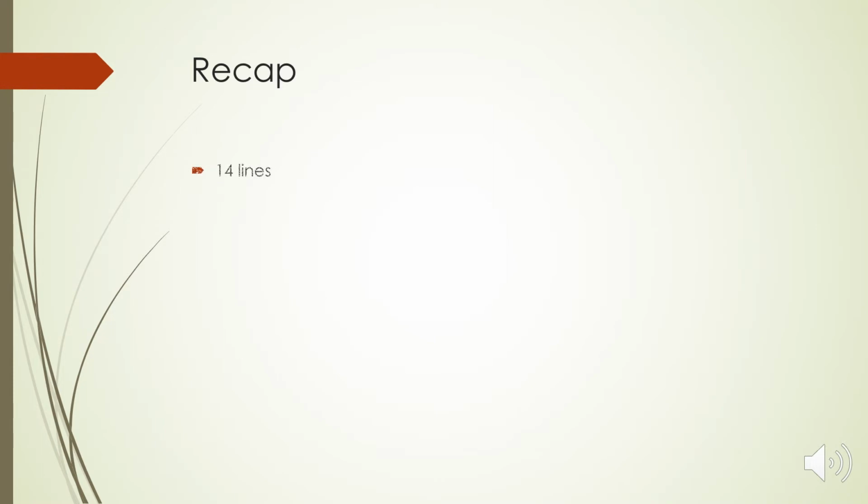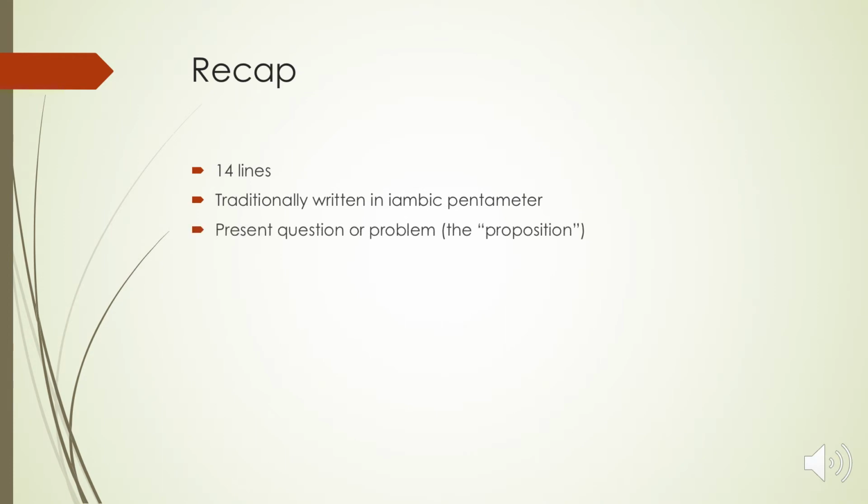To recap, a sonnet will always consist of 14 lines. It's traditionally written in iambic pentameter. It presents a question or a problem that's known as the proposition. The sonnet addresses the proposition after the volta or the turn.